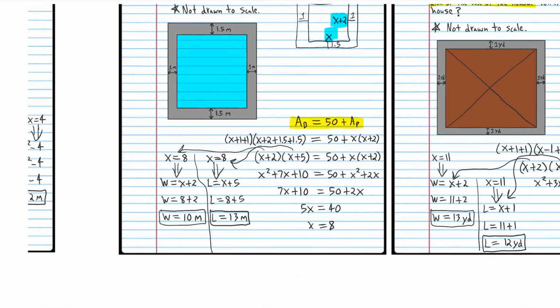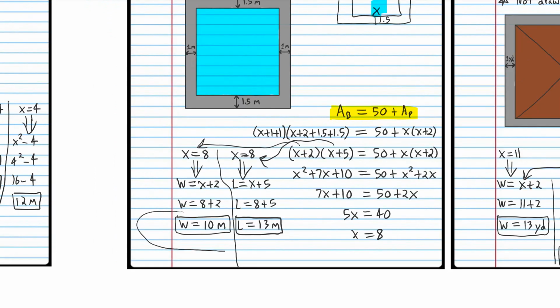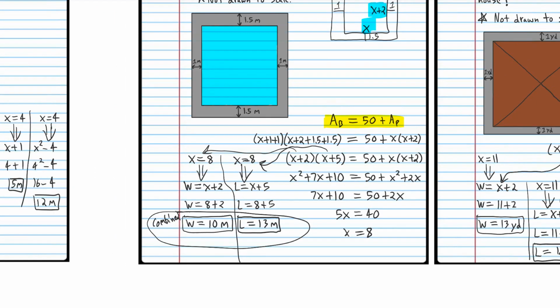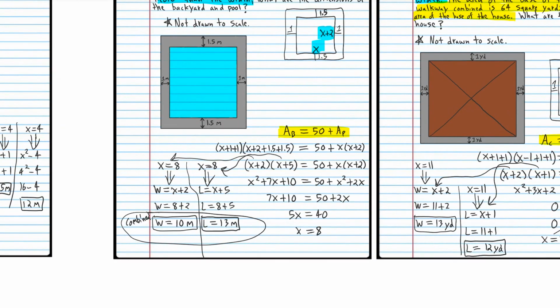So this would be combined. But now we want to find the dimensions of the pool, so that would be pretty easy. The pool would just be x is 8, so the length would be 10, and the width would be 8.